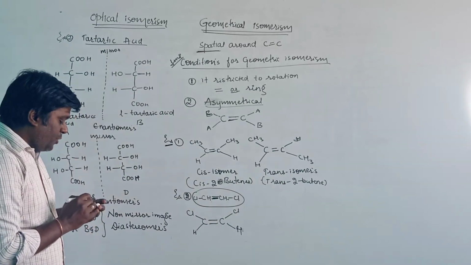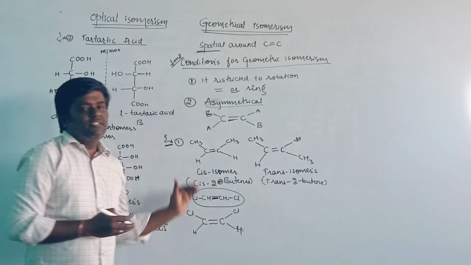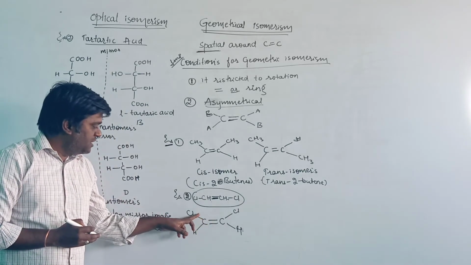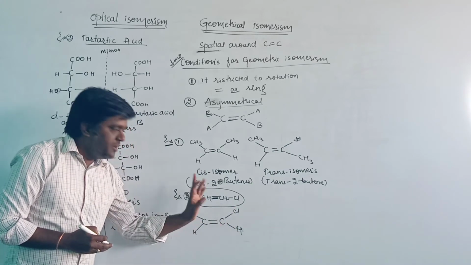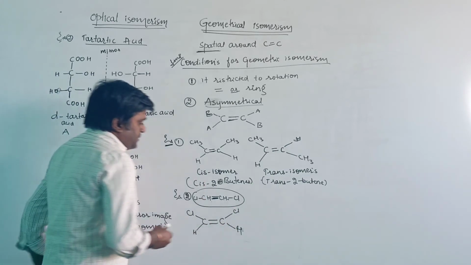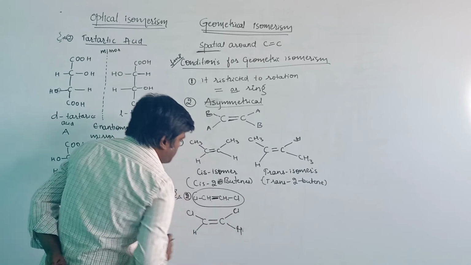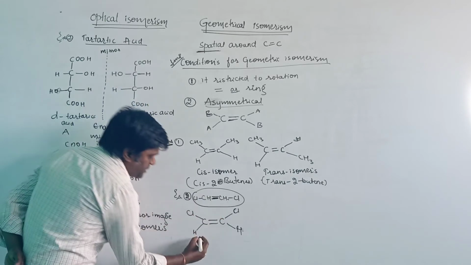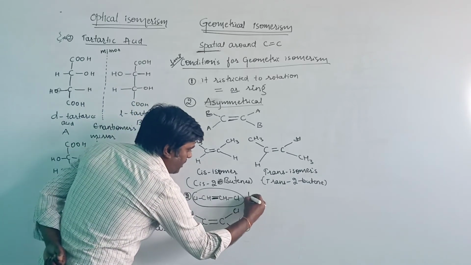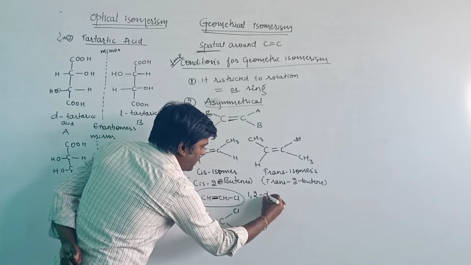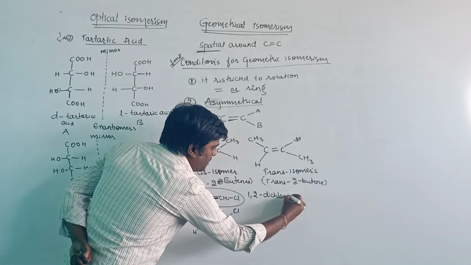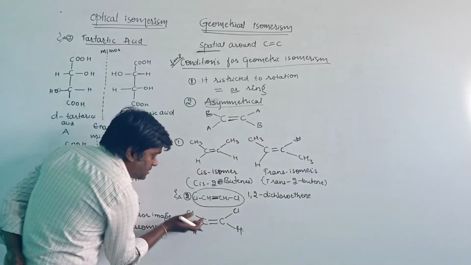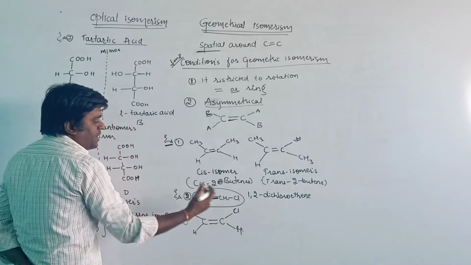When we observe this compound, both conditions are satisfied. First is restricted rotation, and the second is the asymmetric carbon. Both carbons contain different atoms. The name for this compound is 1,2-dichloroethene.